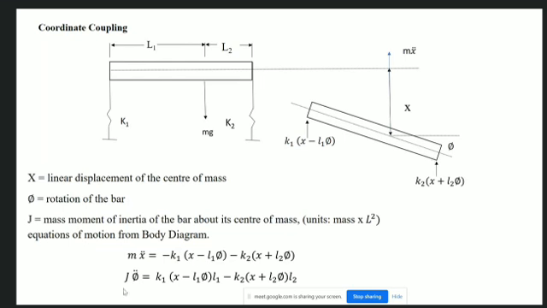If we apply the D'Alembert's principle to convert into an equivalent static system, we apply a moment opposite to the direction of rotational acceleration, and then if we consider the rotational equilibrium, in the same way we will get this J, where J is the polar moment of inertia.